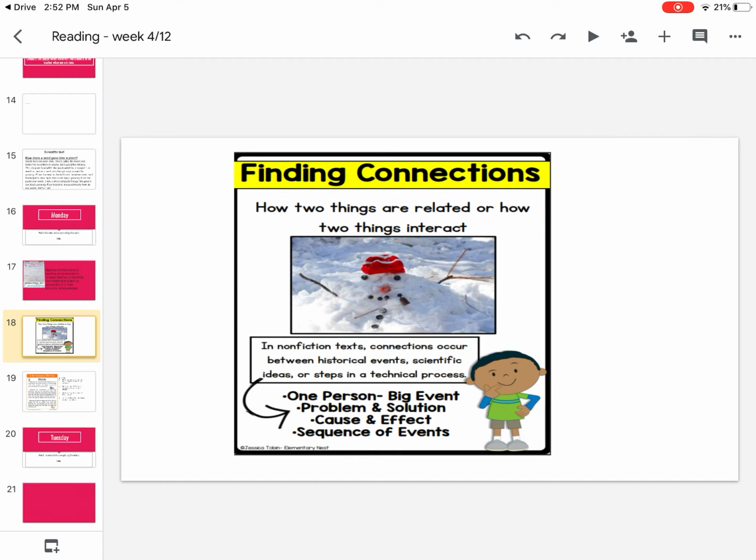In a non-fiction text, connections occur between historical events, scientific ideas, or steps in a technical process. So, these include big events, problem and solution, cause and effect, and sequence of events.